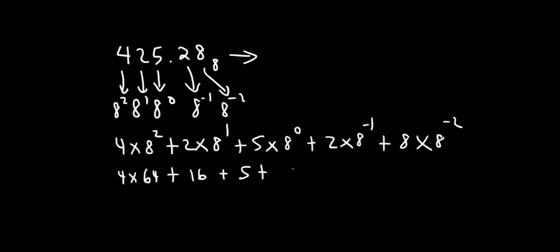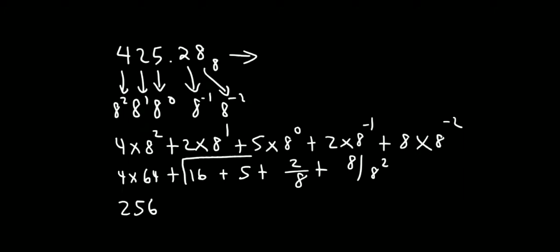By this you will get it very clearly. 2 upon 8 you will write, and here 8 into 8 is 64, you know, so 8 upon 64 you will write. So I am showing you this: you will write here 8 upon 64. You can write 8 to the power 2 also, that is okay.